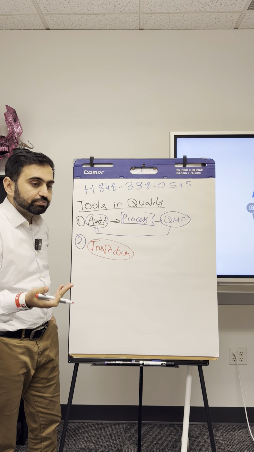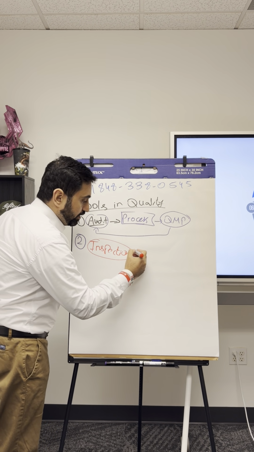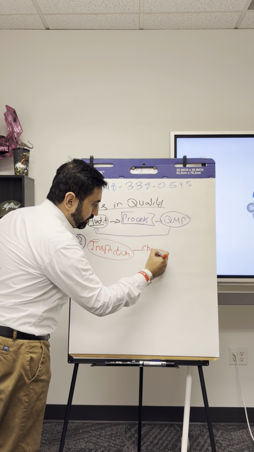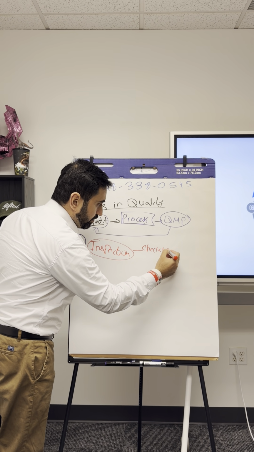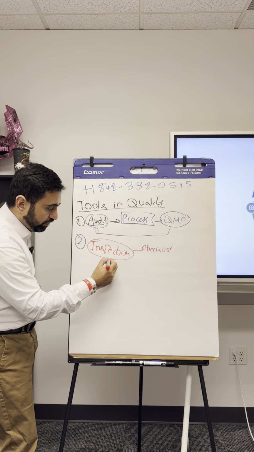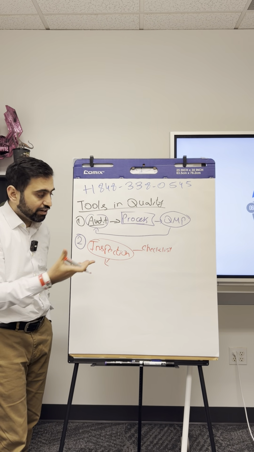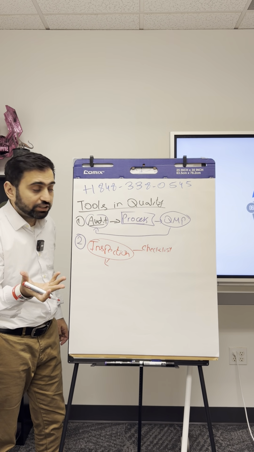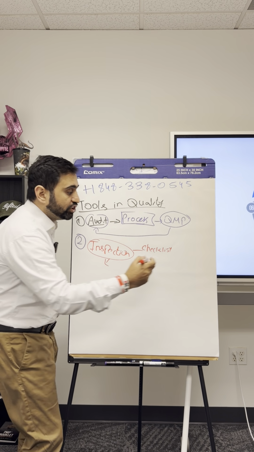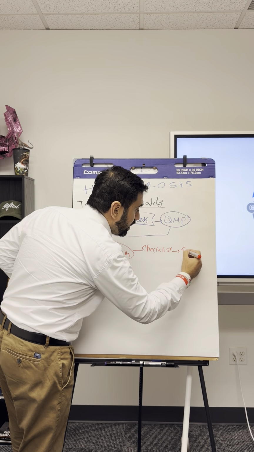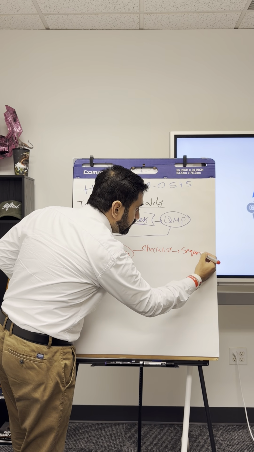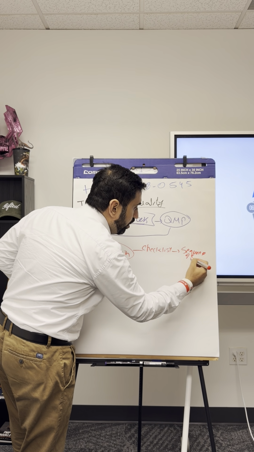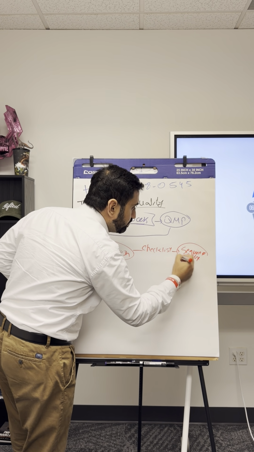Inspection is done with a checklist. You go there, you are visually checking the deliverable, that is inspection, and you are going to have a checklist with you.